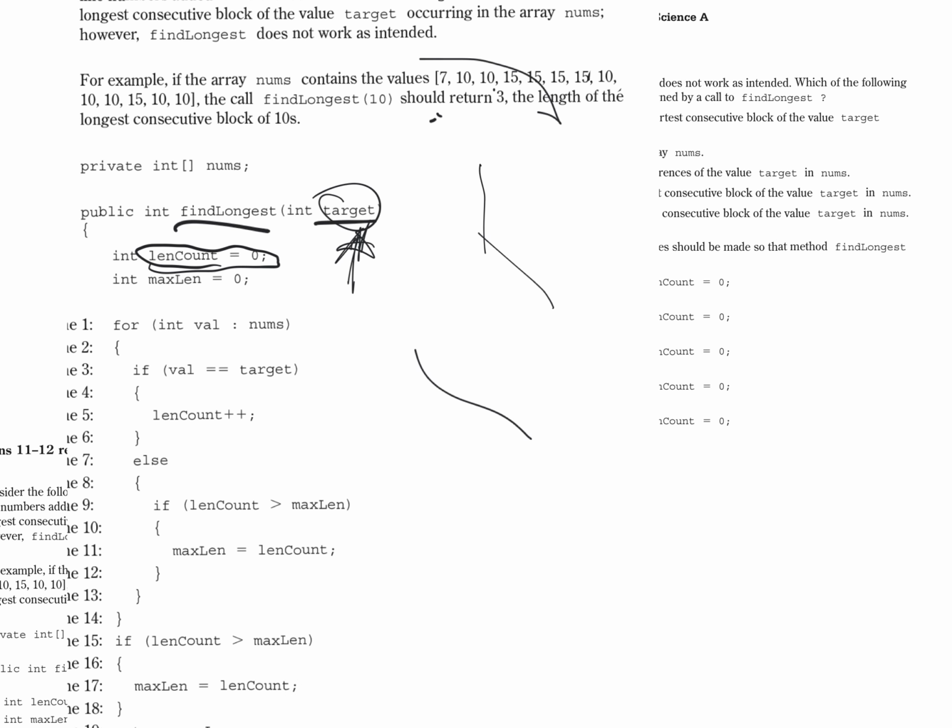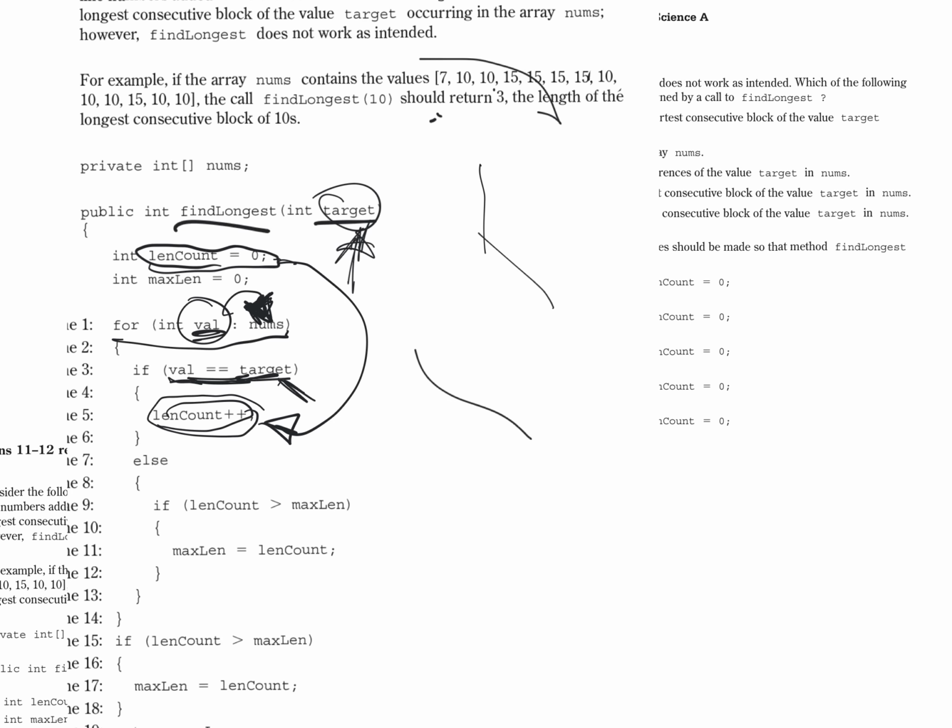Moving on, we have ourselves an enhanced for loop. For every value in this array called nums, store it in that temp value variable. Now if value is equal to target, every time you find it, you're going to increment something called length count. Length count is initialized here as 0.